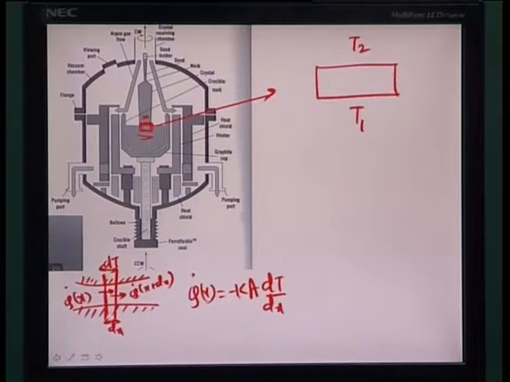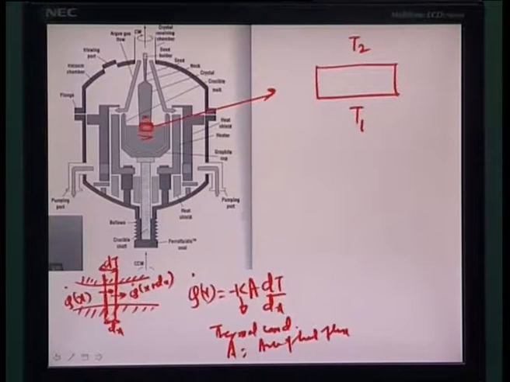K is the thermal conductivity of the material, A is the area of heat flow, which is perpendicular to the cross-sectional plane of this figure, and dT by dx is the temperature gradient which is available.